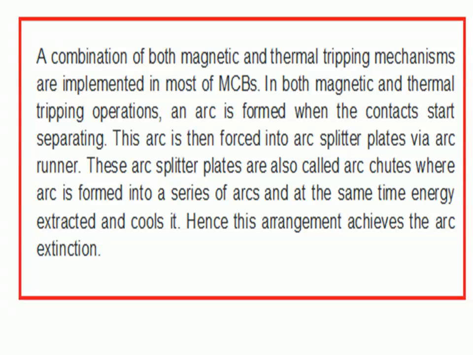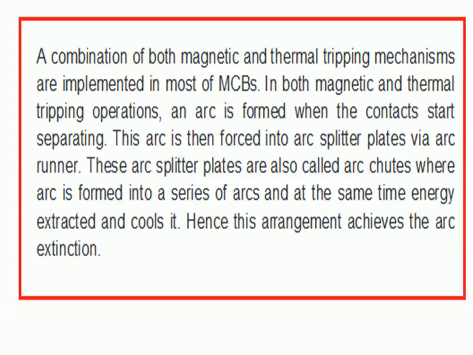By such operations, a huge amount of arc is formed between the contacts, that is, between the fixed contact and moving contact. The fixed contact is one terminal, the moving contact is another terminal. By opening of the moving contact, they are separated by a huge amount of arc.